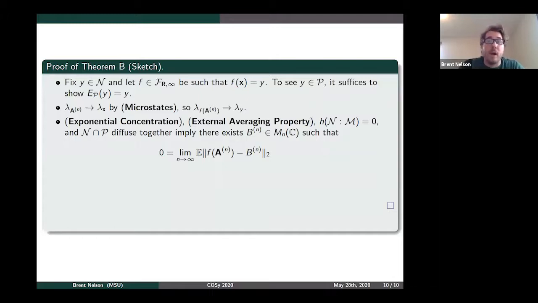In particular, they are all close to a single deterministic family of microstates for Y. So what that means is that you can find some deterministic matrices B_n, a sequence of them, so that any microstates for Y, in particular these F(A_n)'s, have to asymptotically get close to the B_n's. Okay, so all of the microstates sort of collapse down onto this single family of microstates B_n for Y.